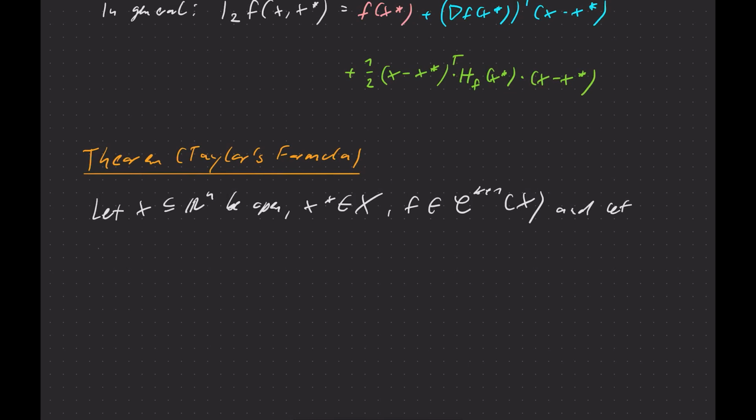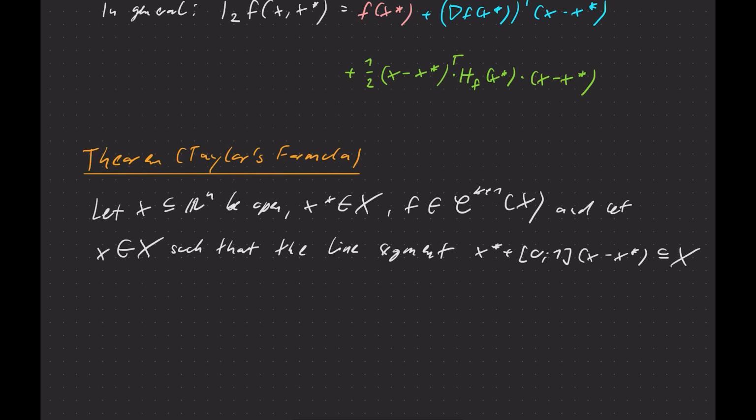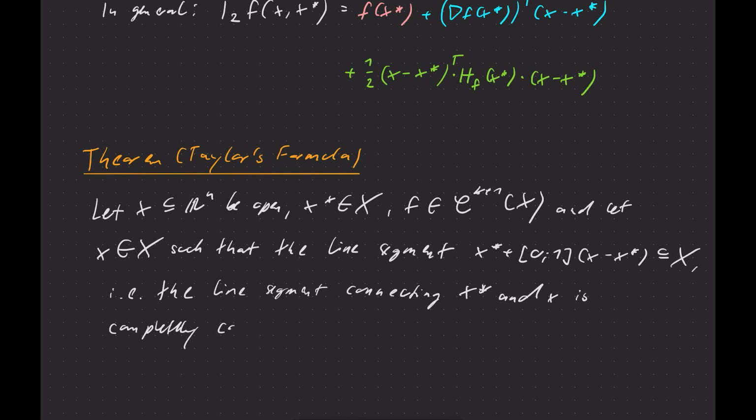We say let x be in X such that the line segment x star plus the interval [0, 1] times (x minus x star) is contained in X. Okay, what that means is the line segment connecting x star and x is completely contained in the set X.